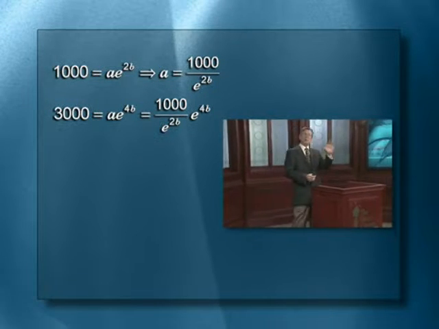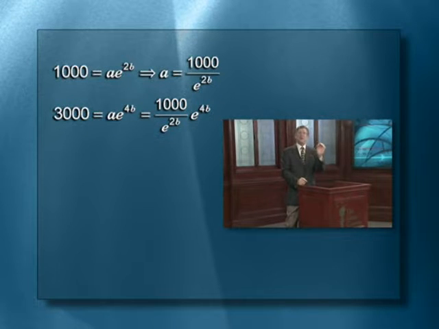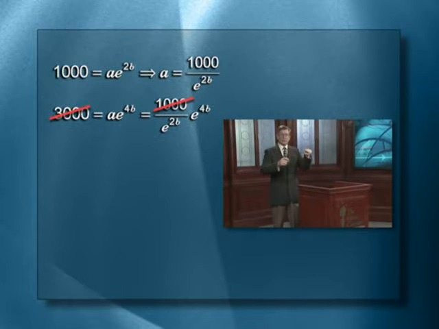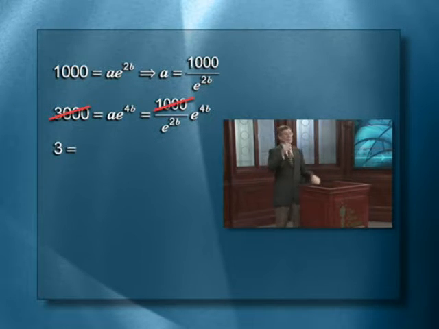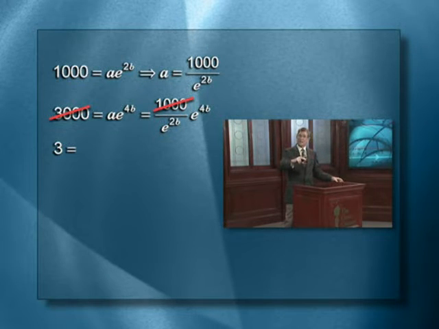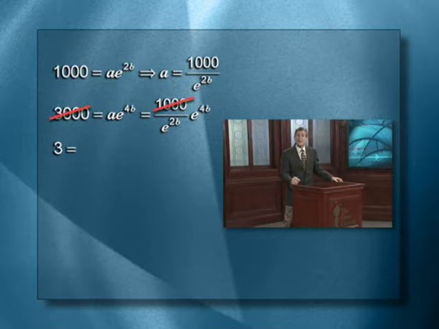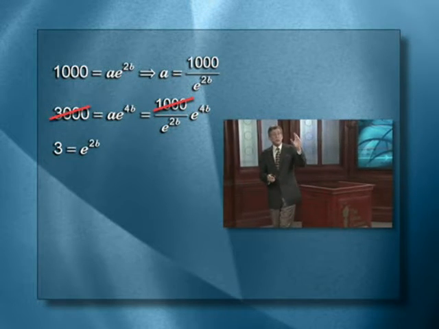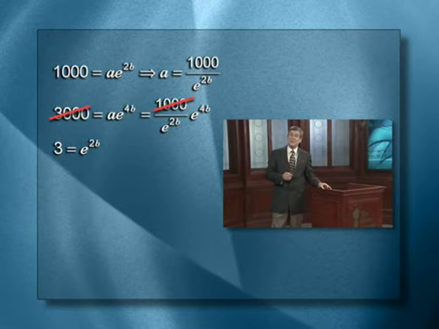So now I have an equation with just the unknown b. Good, let's simplify it. The 3,000 and the 1,000s cancel to make a 3. And remember that exponent rule, e to the 4b divided by e to the 2b, you subtract the exponents, don't you? So we're left with e to the 2b on the right-hand side.